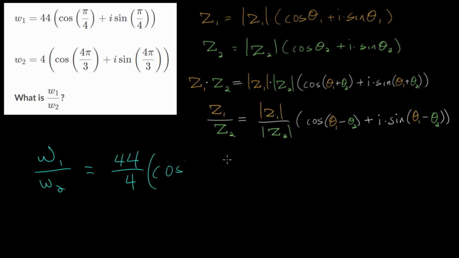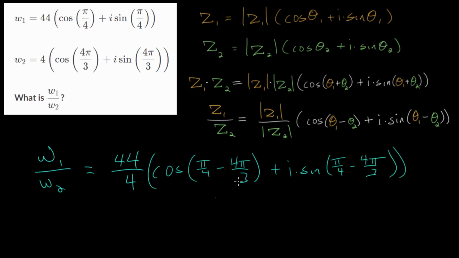And on the inside of this expression here, we have the cosine of pi over 4 minus the argument of our second complex number in the denominator here. We have 4 pi over 3, and then we will add i times the sine of pi over 4 minus 4 pi over 3. And we essentially just need to simplify the angle and this quotient here, which will just be 11.